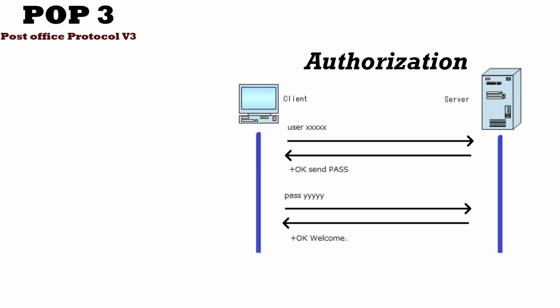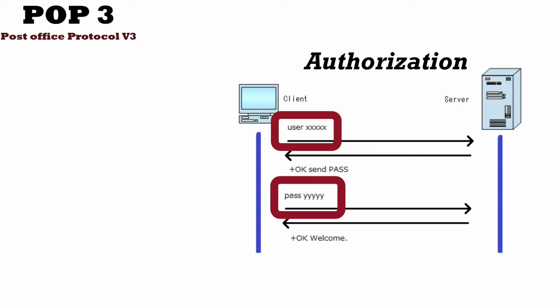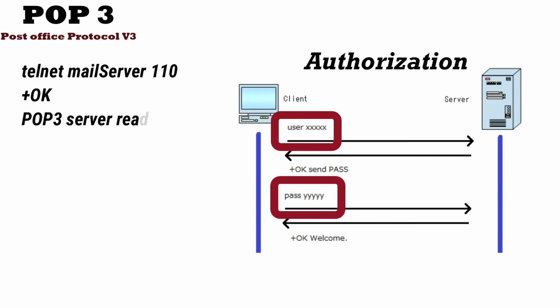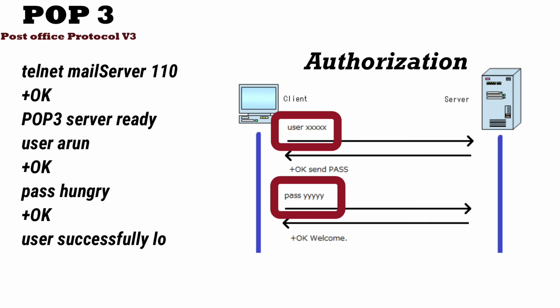The authorization phase has two principal commands: user and pass, that is, password. Suppose that mailserver is the name of your mail server; you will see something like this. telnet mailserver 110, where 110 is the port number and telnet is the program. Then +OK POP3 server ready is the message, and the user is Arun, then the reply from the server is +OK.